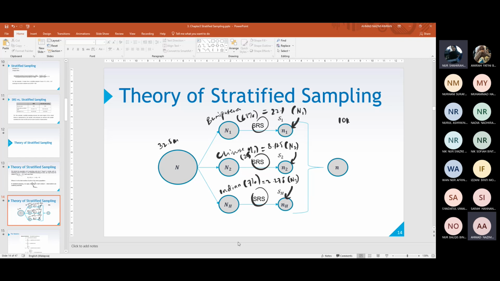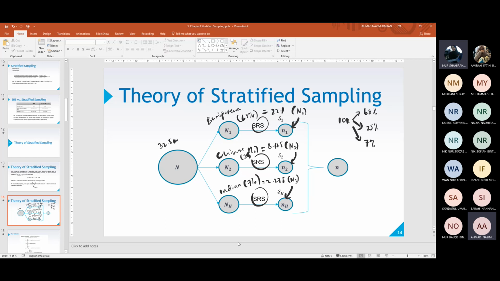This 10,000 sample must consist of 68% Bumiputra, 25% Chinese, and 7% Indian.